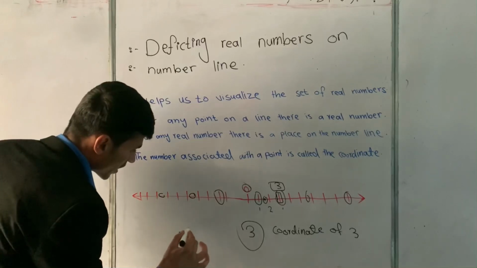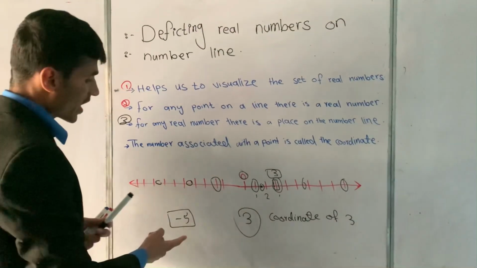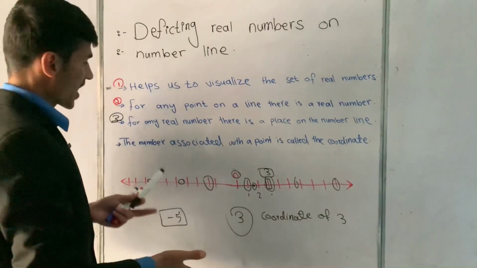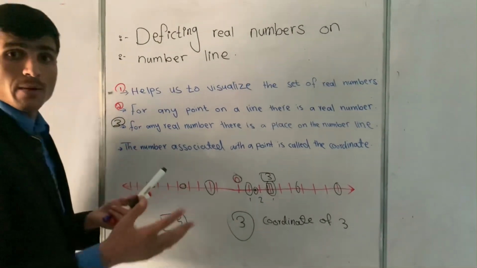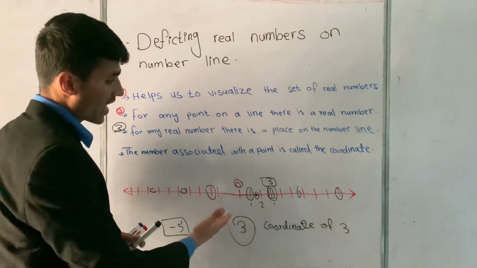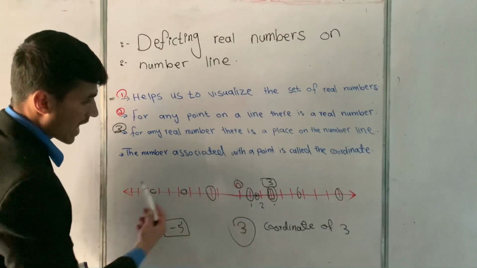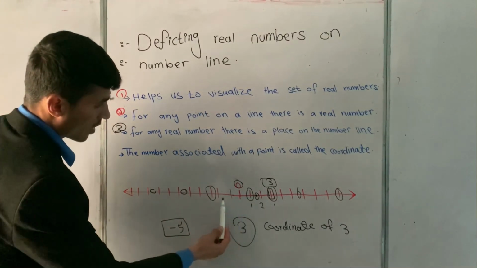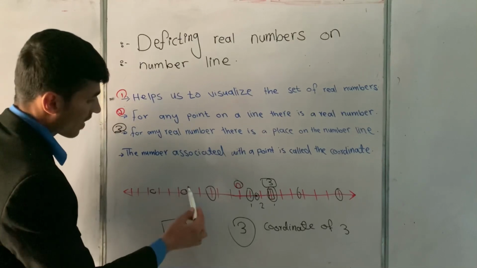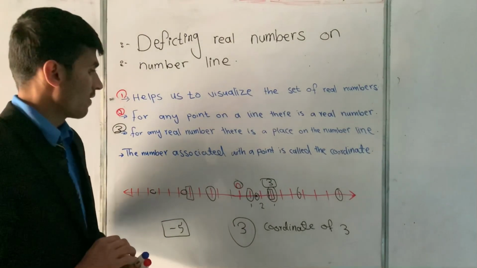Pretend -5. What is the coordinate of -5? We understand from this that the number associated with a point on the number line is called the coordinate of that number. To the left, 1, 2, 3, 4, 5. This is the coordinate of -5.